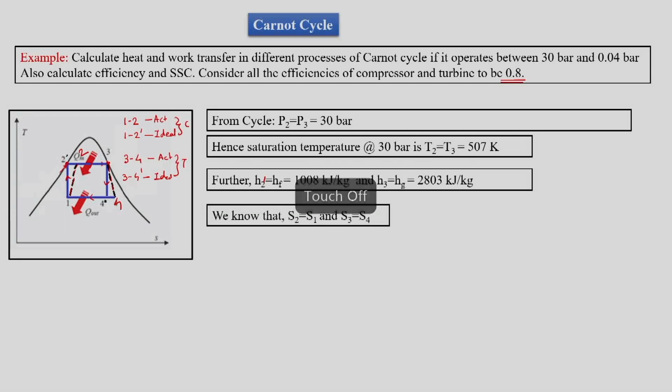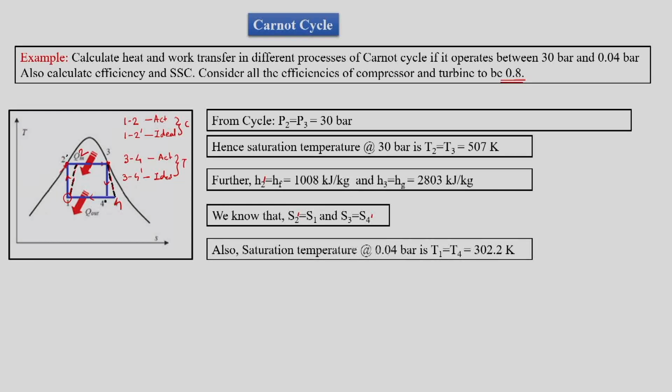So we know that S2 dash is equal to S1 and S3 is equal to S4 dash. These are the known things, so that we can find out enthalpies at 1 and 4.